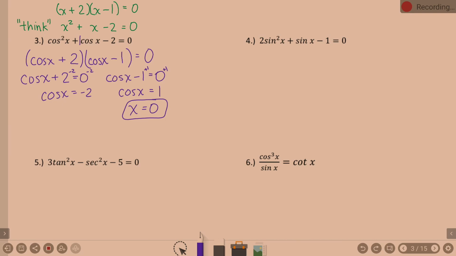When is it going to go down to negative 2? The basic cosine isn't going to go down to negative 2. Now, if there was an amplitude of 2, sure, we could talk then. But this is just the basic cosine. So this one, cosine's not going to equal negative 2. That particular answer is actually not possible.